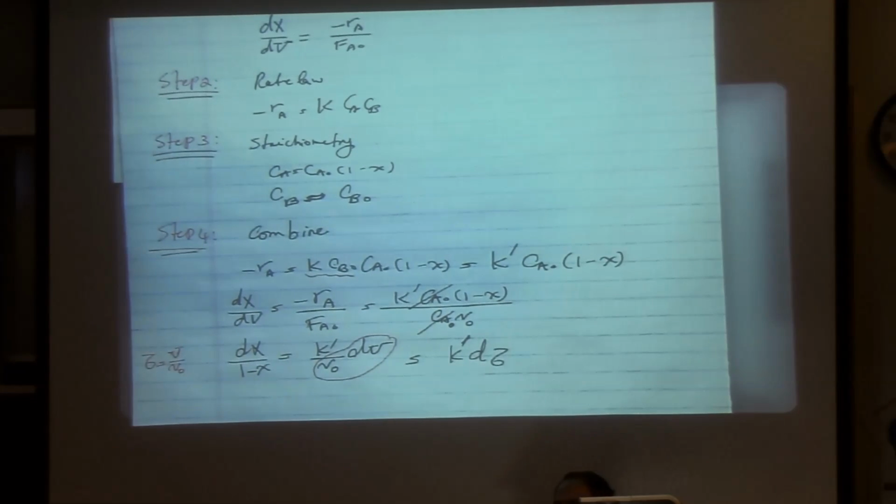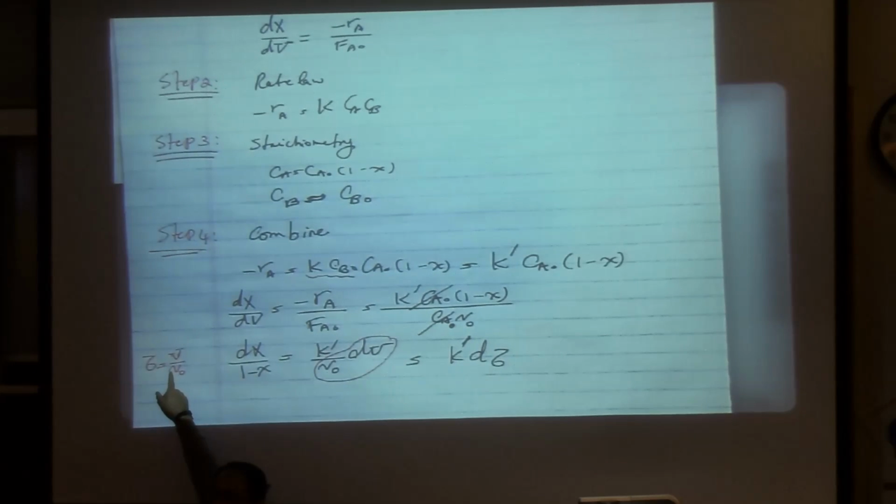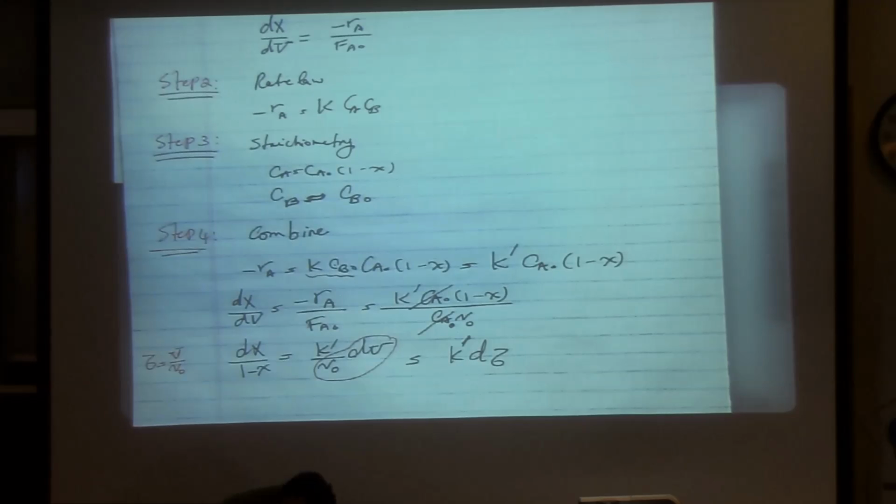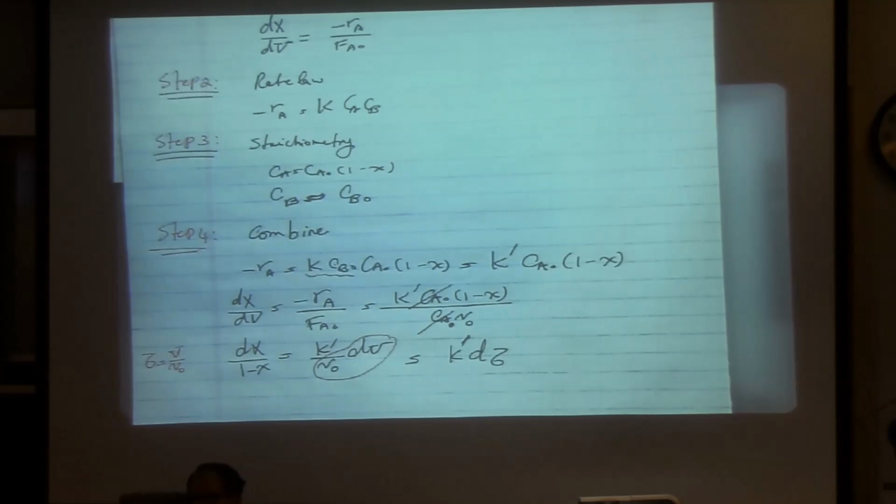Yes, please. I just want to confirm that at the bottom, v0 is a flow rate, but then dV is volume. Yeah, V is the volume, and v0 is the volumetric flow rate. So dV is volume, right? Yes, volume.